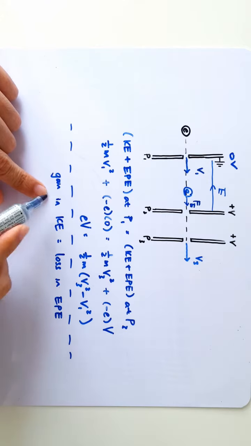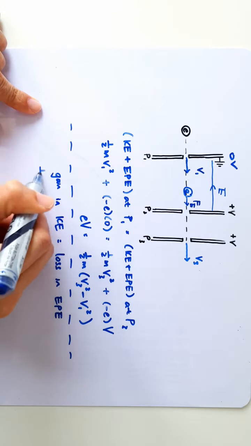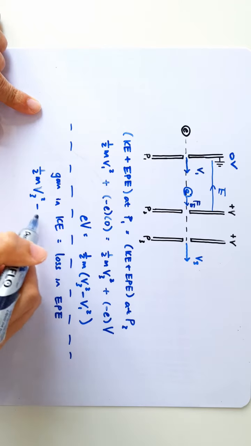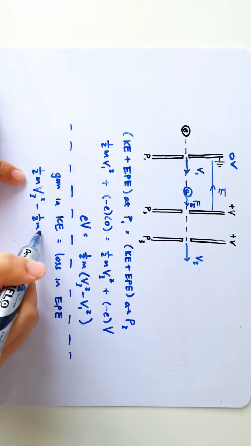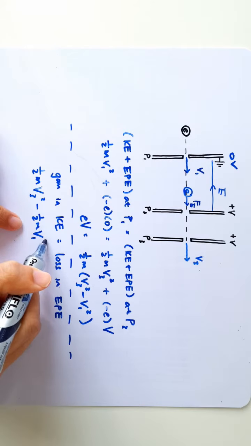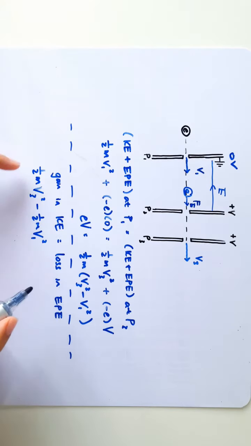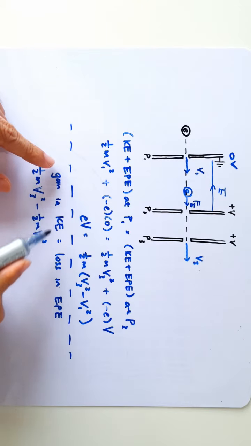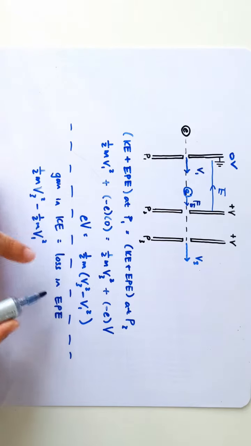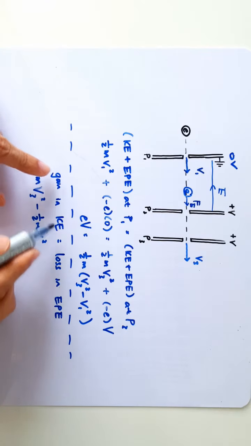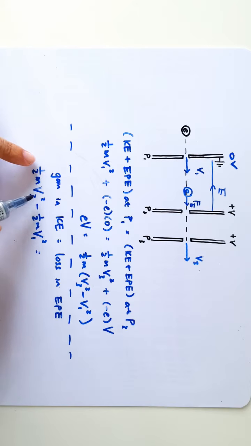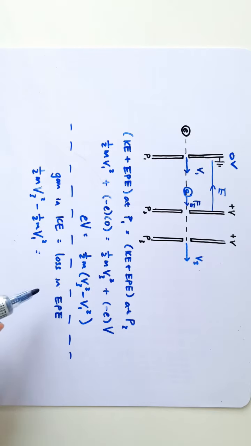Okay, so if you know there is a gain in KE, then you should take the final KE minus the initial KE. So you are going to do half mv3 square minus half mv1 square, and not the other way around, because when you set up the principle of conservation of energy this way, gain equals loss, you need both sides to be a positive number. So you need to always take the bigger number minus the smaller number so that you get a positive number.